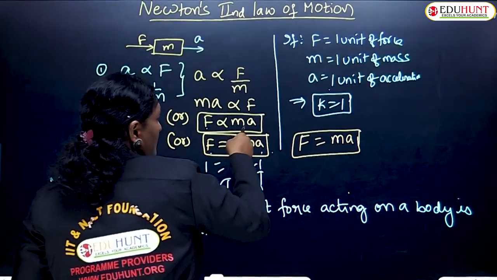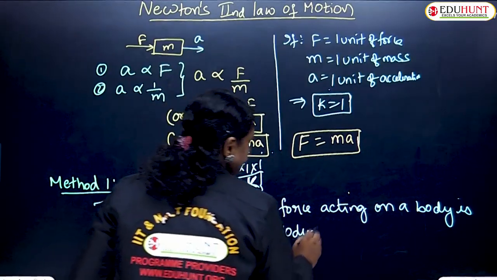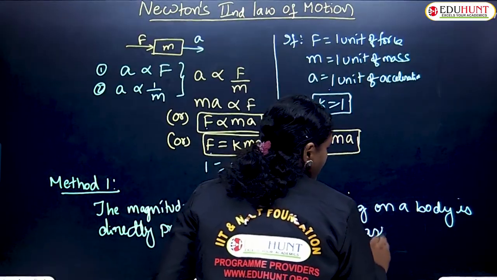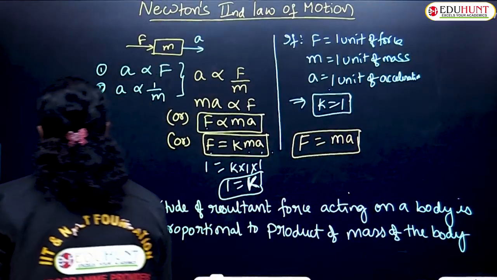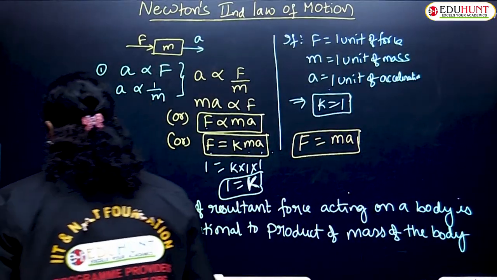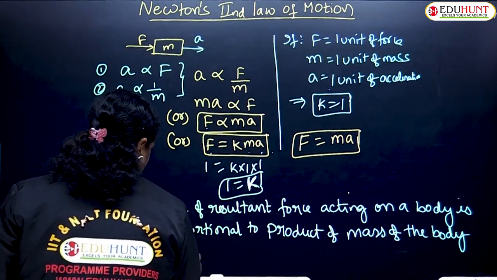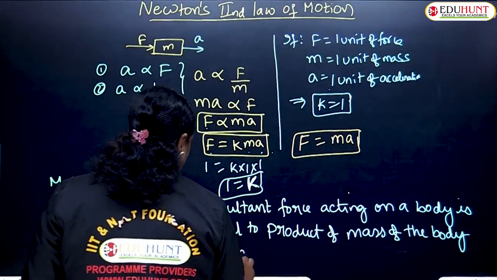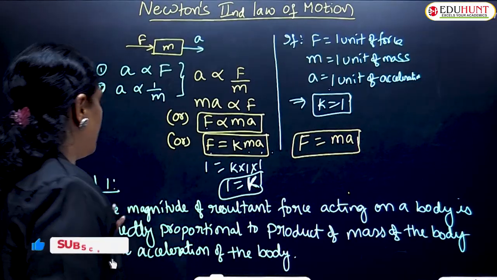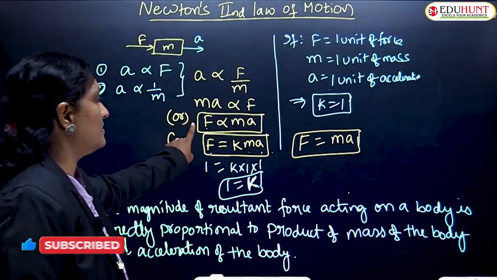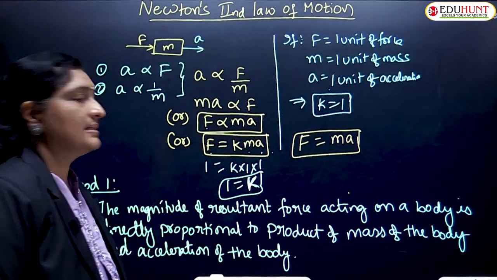the product of mass and acceleration. The magnitude of the resultant force acting on a body is directly proportional to the product of the mass of the body and the acceleration produced in the body.